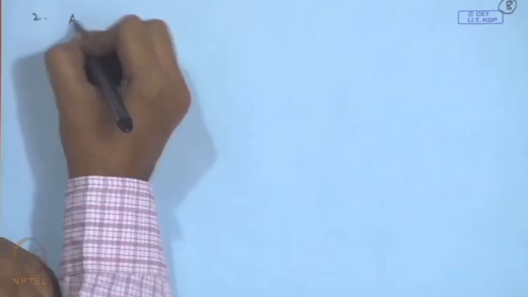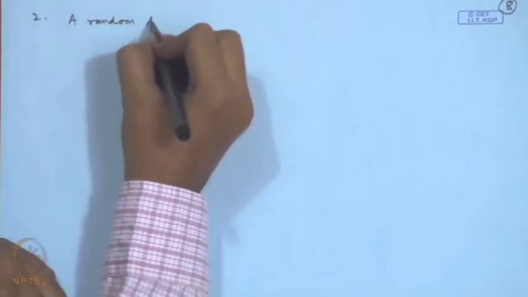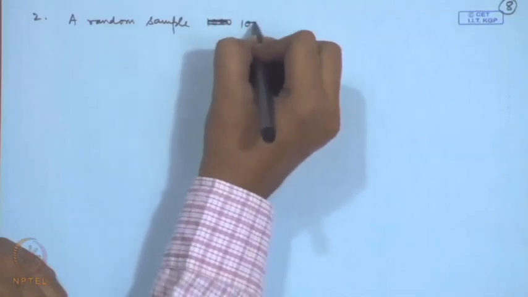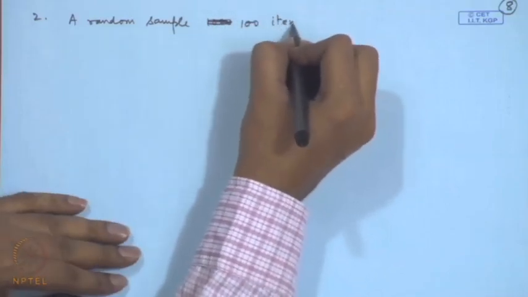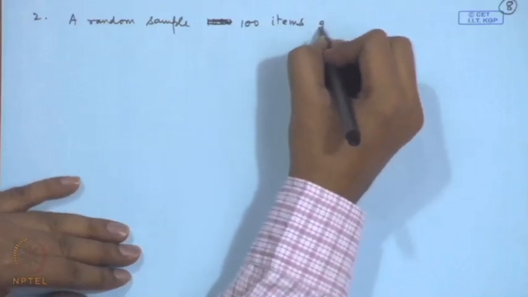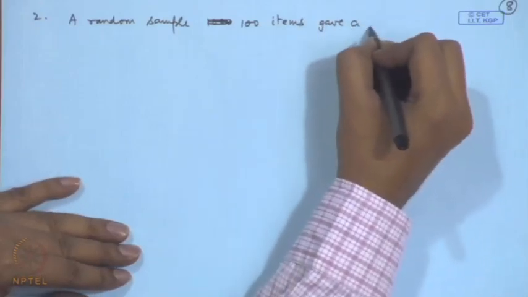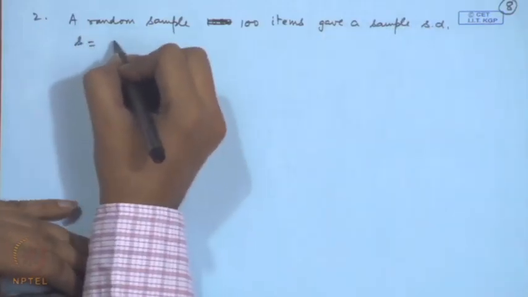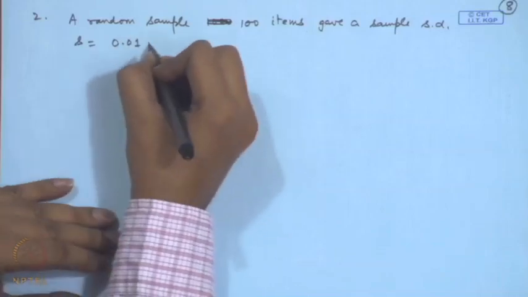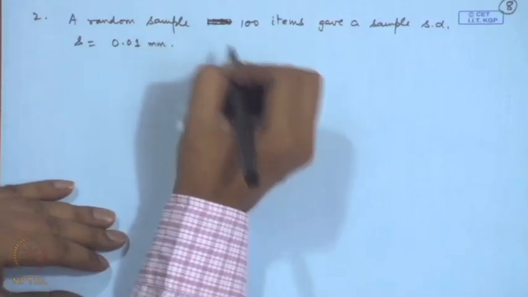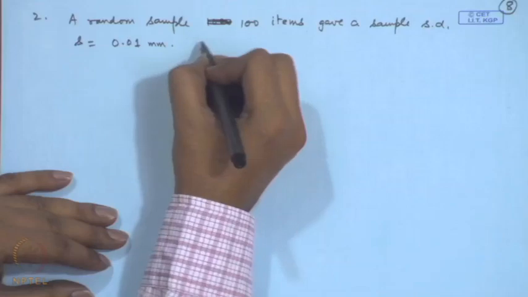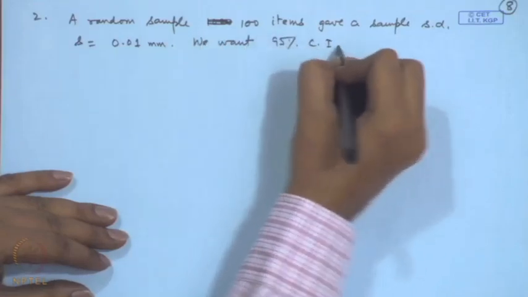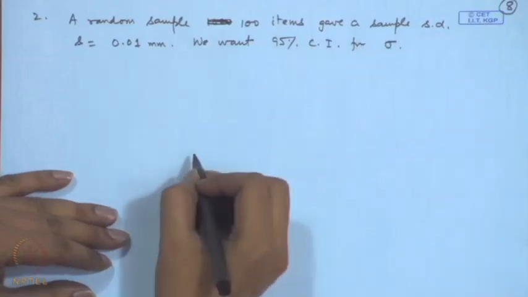A random sample of, say, 100 items gave a sample standard deviation, that is S is equal to 0.01 millimeters, and we want, say, a 95% confidence interval for sigma.